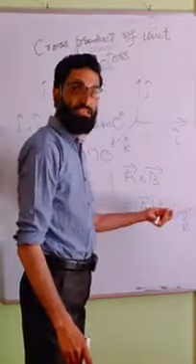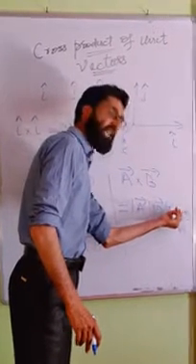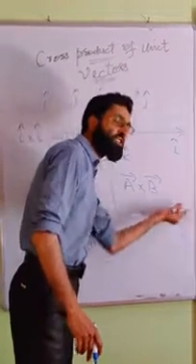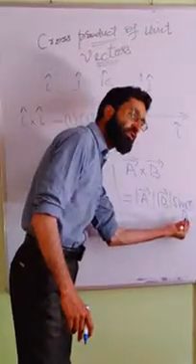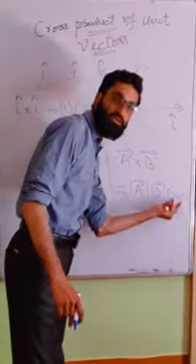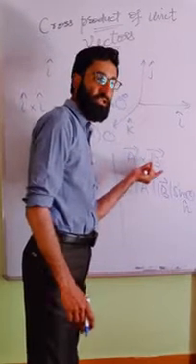Why unit vector n cap? This is very important. When we write the magnitude of a, magnitude of b, and sine theta only, it comes out to be a scalar number. So in order to indicate a direction, we have to mention here the unit vector n cap. This unit vector n cap gives the direction of the resultant of this vector. Clear?